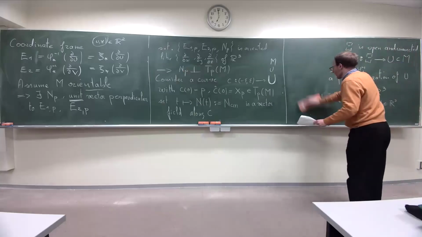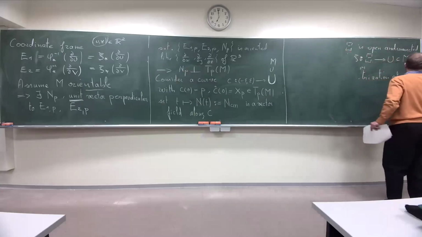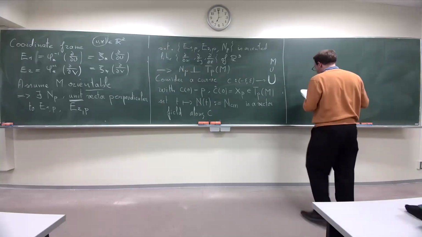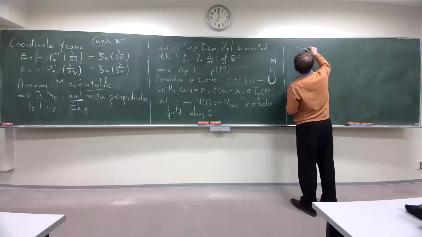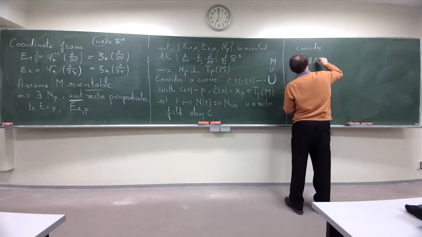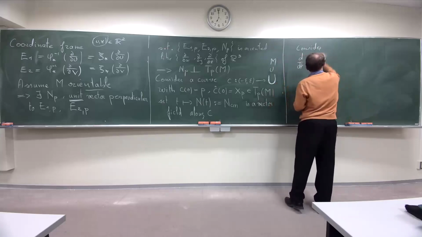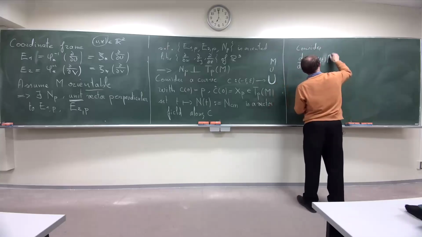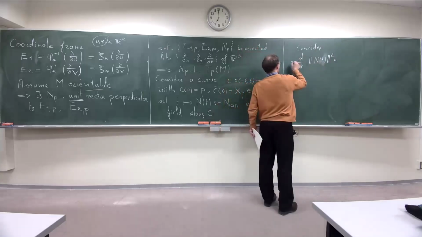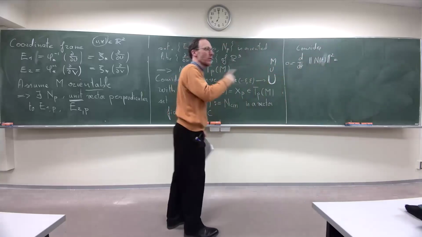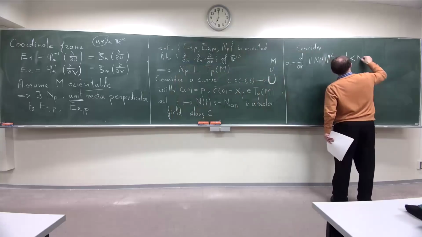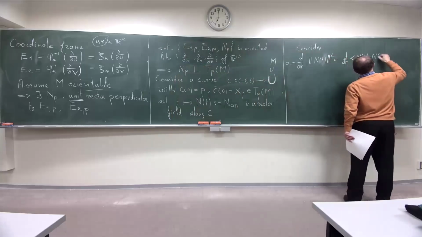And I'm going to take a derivative because now it's a function of one parameter. So we consider d over dt of the norm of n(t). You can probably tell me what it is. The norm is constant, so it's 0. It's a unit vector, which means this is also d over dt of the scalar product of n(t) with itself.